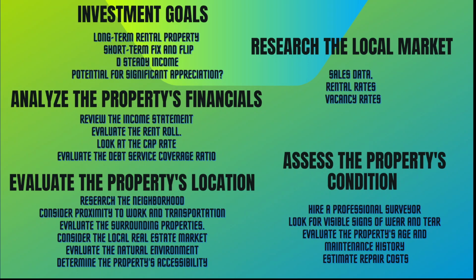Like the materials, everything has kind of a life. So if that property is that old, you'll have to redo the plumbing, the electrics, that kind of thing. You can definitely ask the seller or the real estate agent about the property's age as well, because it might not be that easy to figure that out. You can guess maybe, but better to ask.